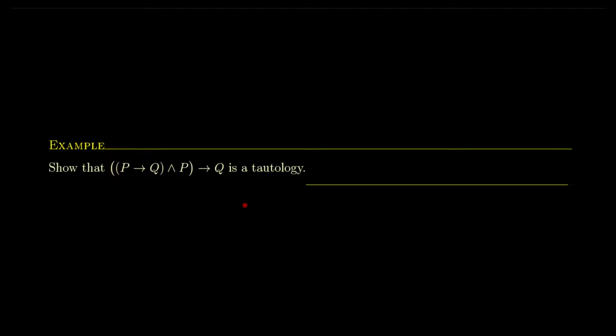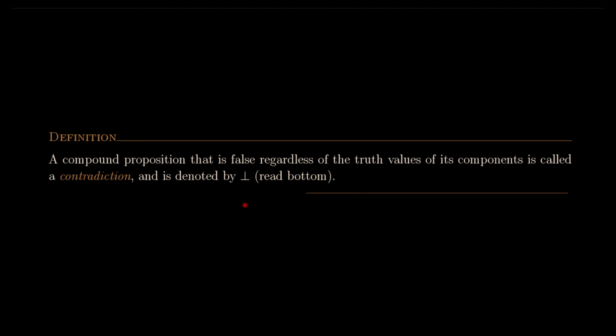The next definition: a compound proposition that is false regardless of the truth values of its components is called a contradiction and is denoted by this. Read it as bottom. But the LaTeX one is not bottom, it is \perp, meaning perpendicular.